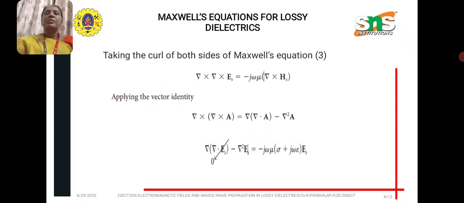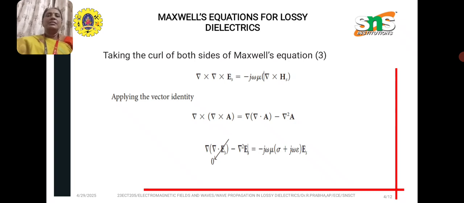Now we are going to take curl on both sides of Maxwell's equation 3. By taking curl, the left hand side of equation 3 becomes del cross of del cross E, and the right side becomes minus j omega mu into del cross Hs. Now we apply a vector identity to further simplify this equation.